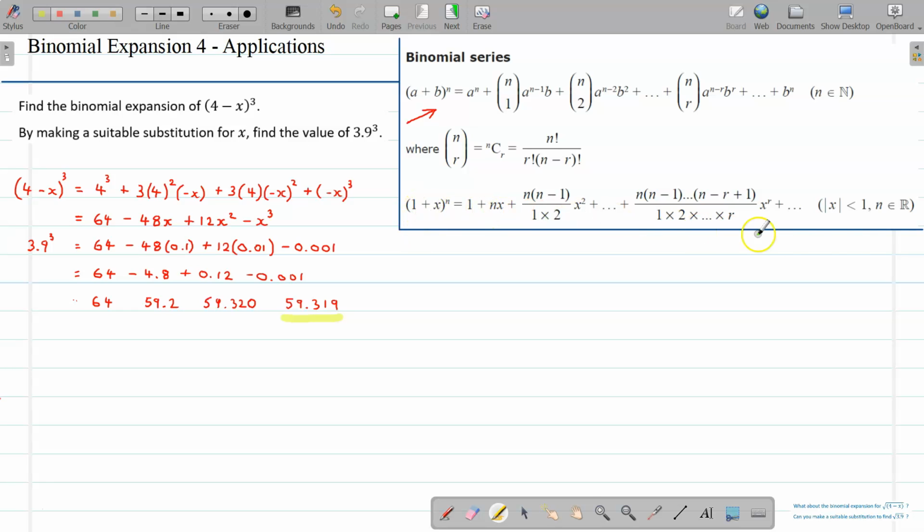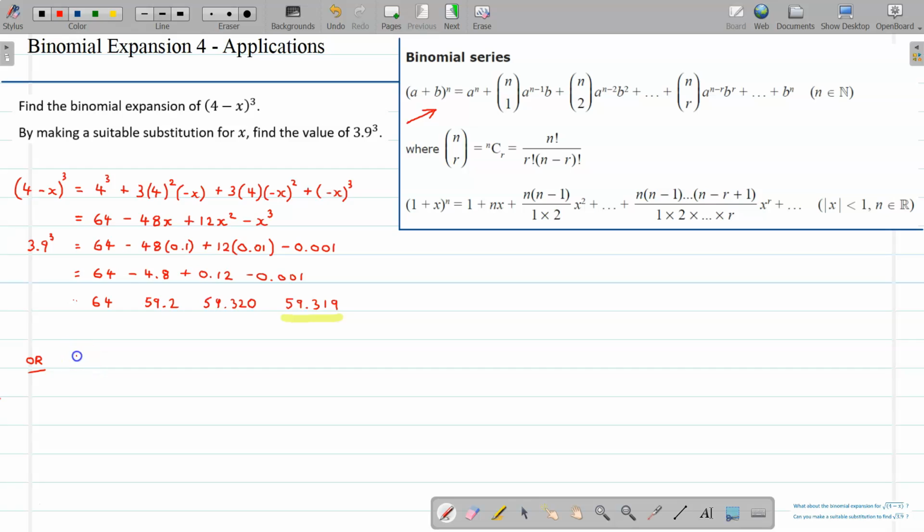Now if we were to do it using this version here, it would take a bit longer actually, because it's not well suited to this problem, but it still works, and I'll show you how it would work. You see, this has to be a 1, it cannot be a 4. So the first thing to do if we're using the alternative, so I'll just put here "or", indicating that we're going to look at it a different way.